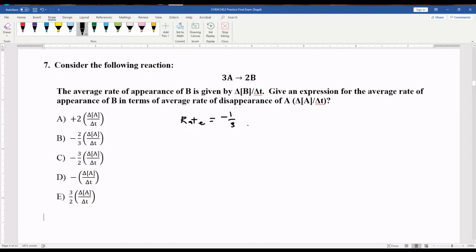You can put the negative on the inside or the outside. Sometimes I like to put it on the outside. Negative 1/3 delta A over delta T is equal to positive 1/2 delta B over delta T.